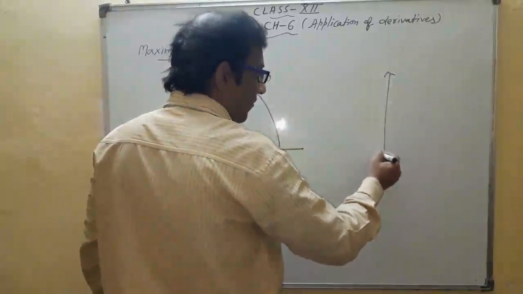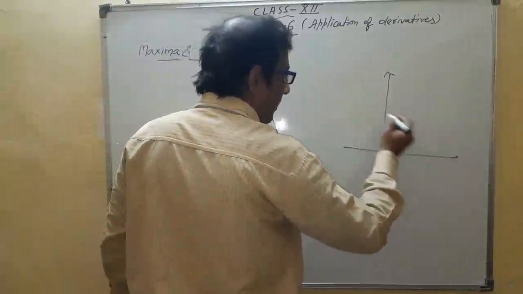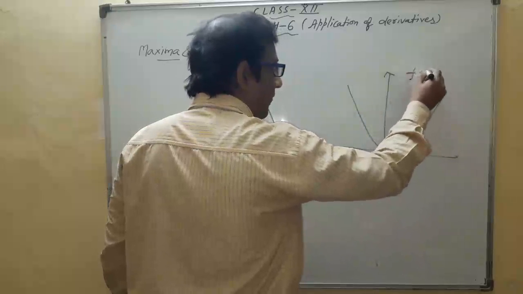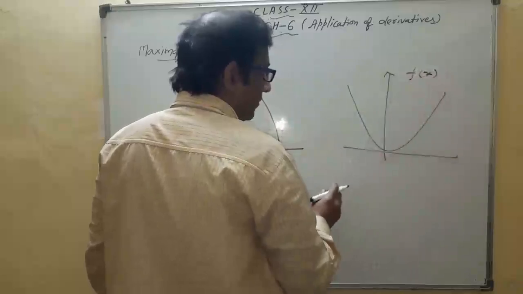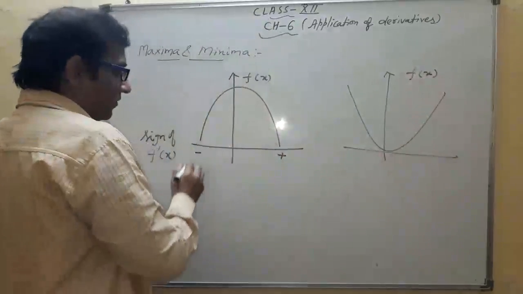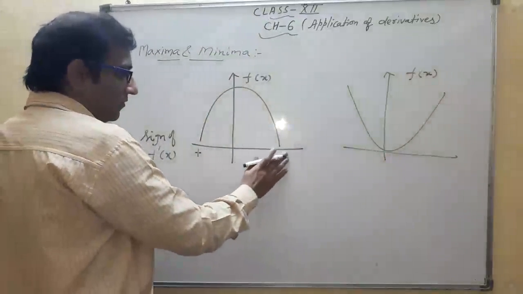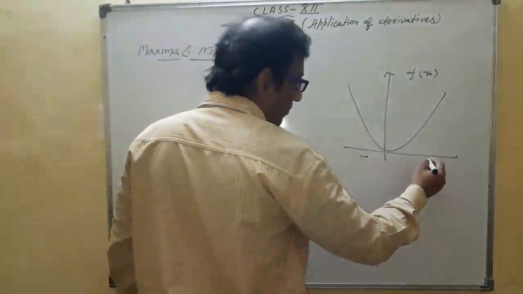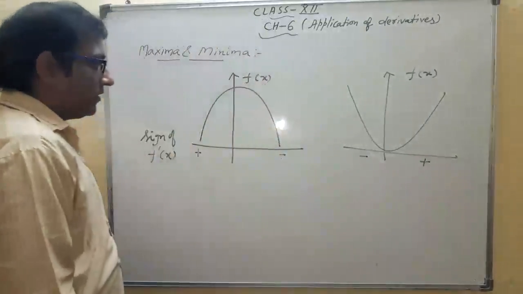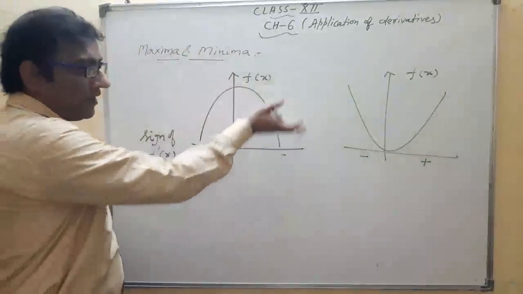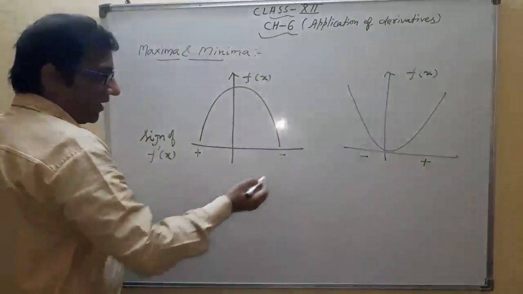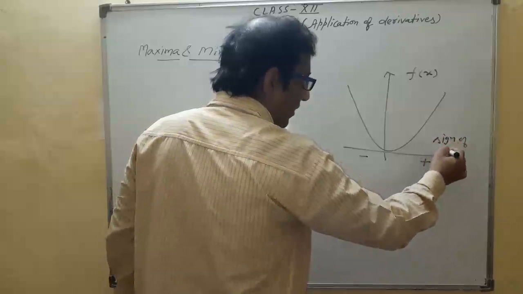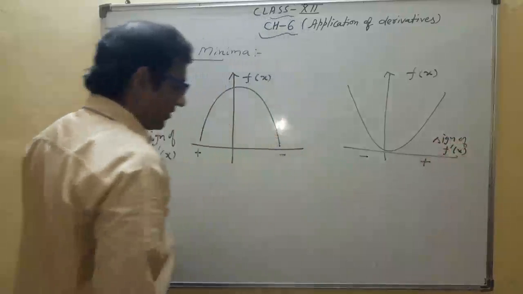One more graph we are taking for the function f(x). This is positive to negative, and these are from negative to positive, right? Positive to negative and negative to positive, and again these are the signs of f dash x.